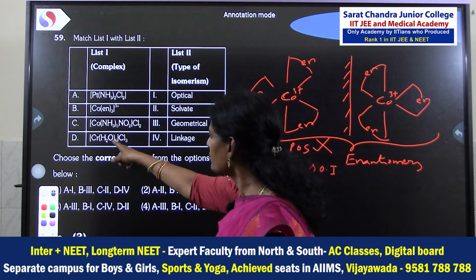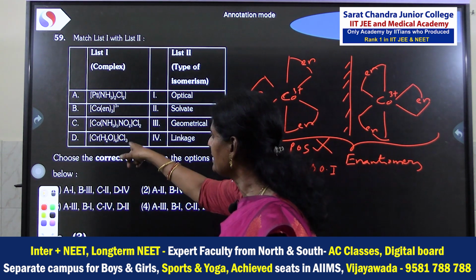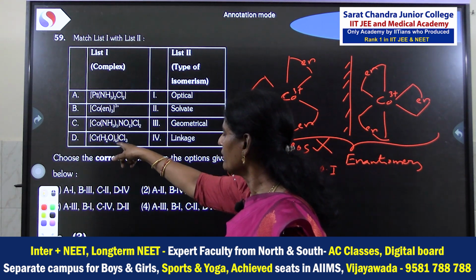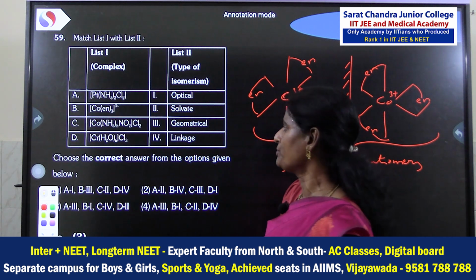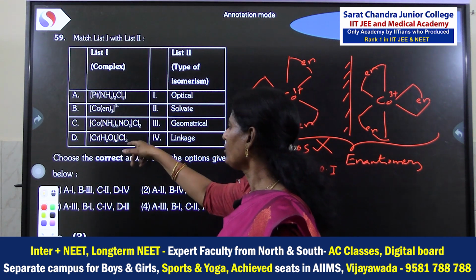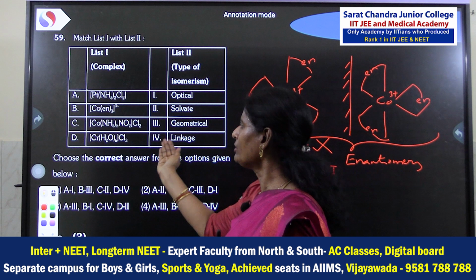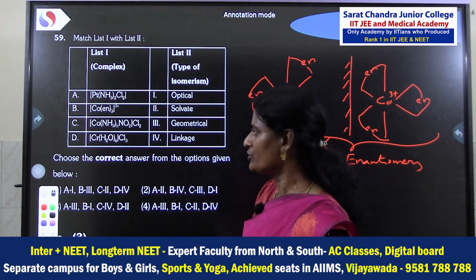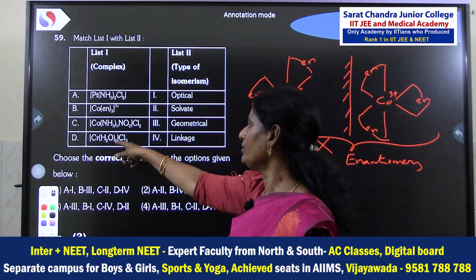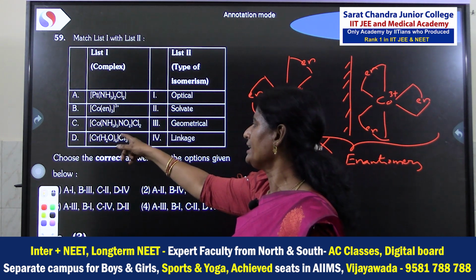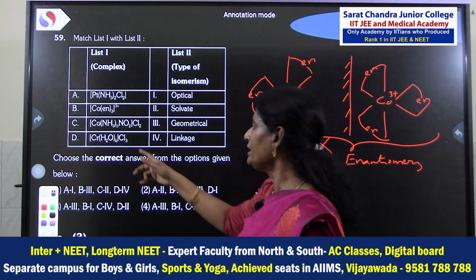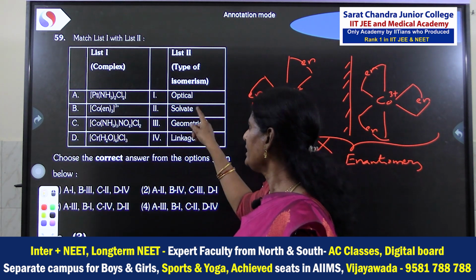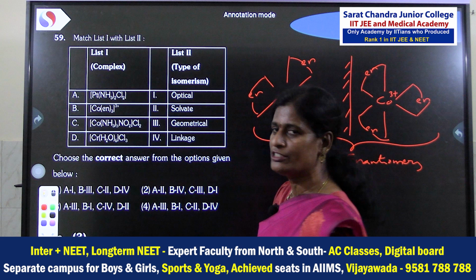And coming to the last complex, Cr(H2O)6Cl3. There are 6 water aqua ligands in the coordination sphere, and outside the coordination sphere there are 3 chloride ions. If one chloride ion enters the coordination sphere and one water molecule acting as ligand comes out of the coordination sphere, then it shows hydrate isomerism or solvate isomerism.